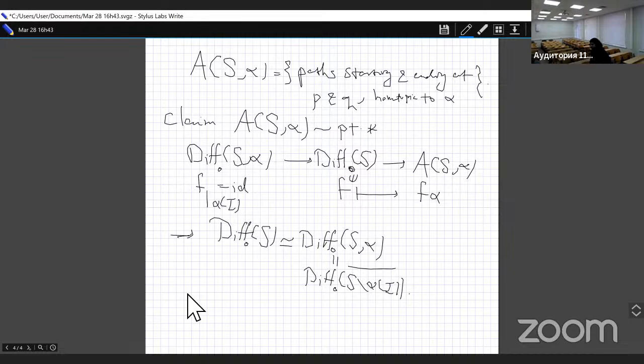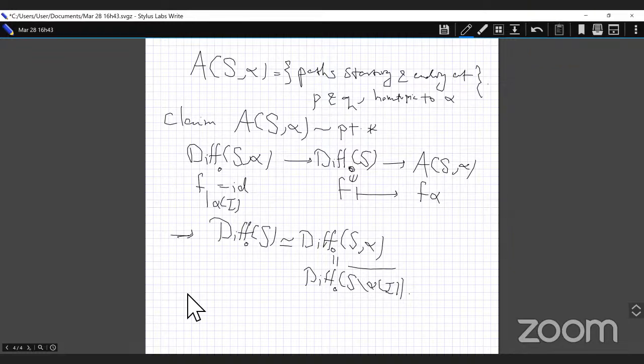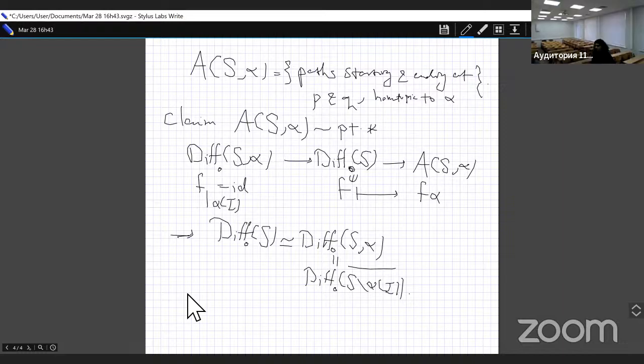Does this make any sense? Chris, what do you think? Let's assume alpha has no self-intersections.